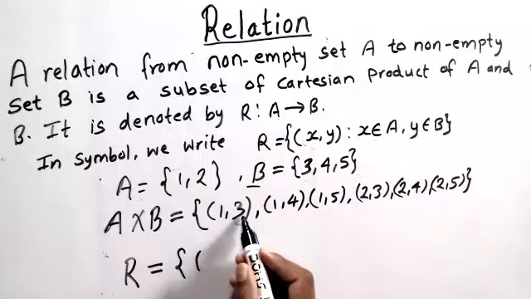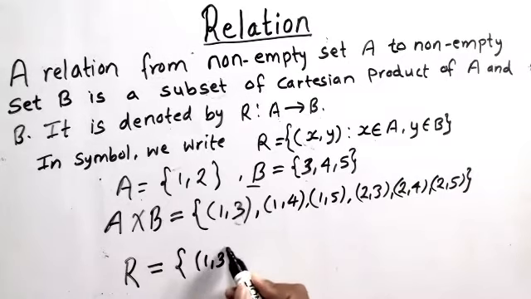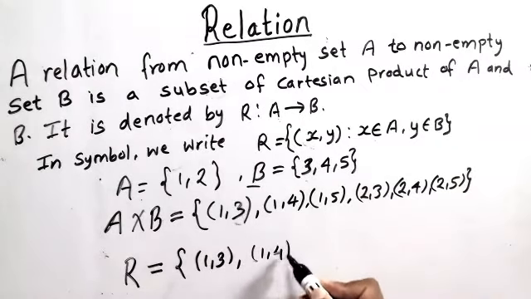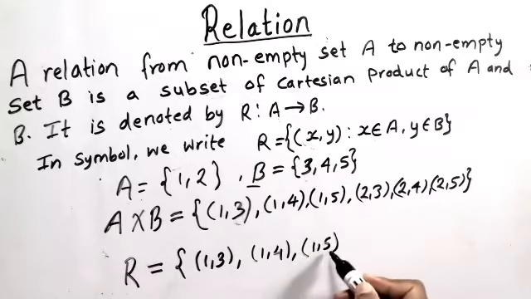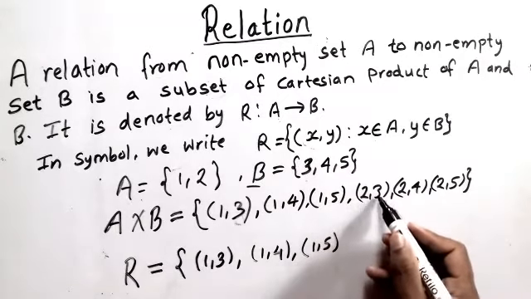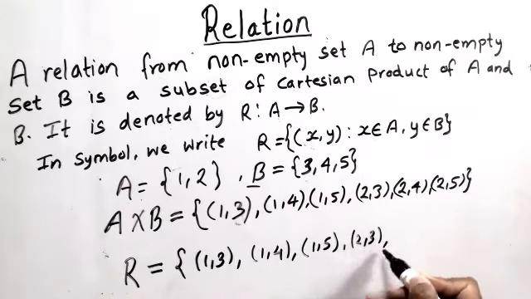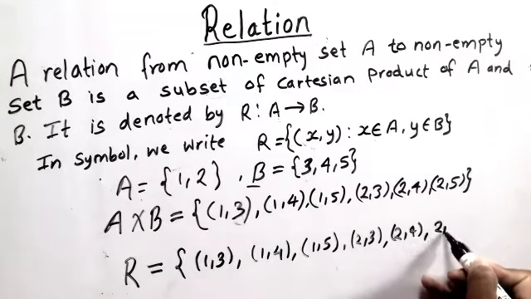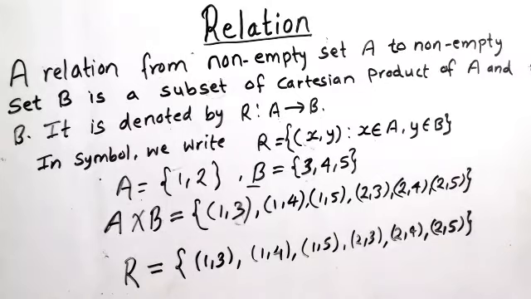Is 1 less than 3 or not? Yes, so this is an element of the relation. 1 is less than 4, so this also lies in this relation. 1 is less than 5, so this also lies here. 2 is less than 3, so this also lies here. 2 is less than 4, so this also lies here. 2 is less than 5, so this also lies here.